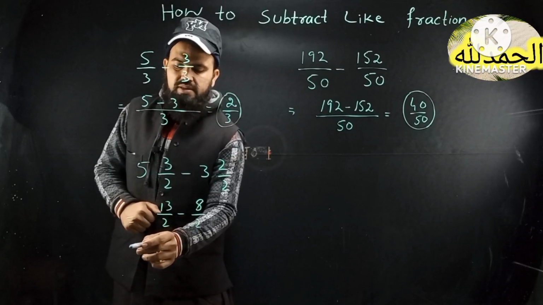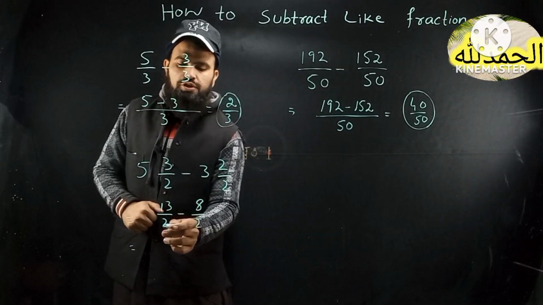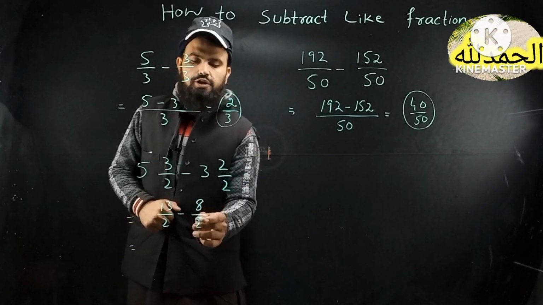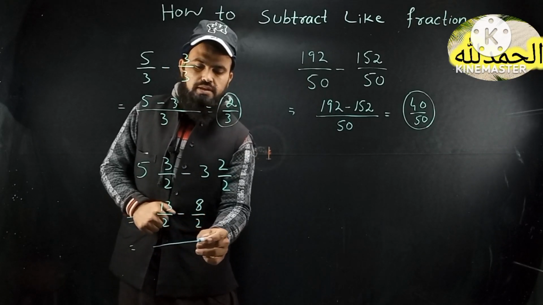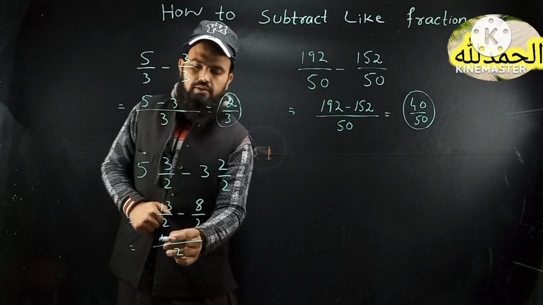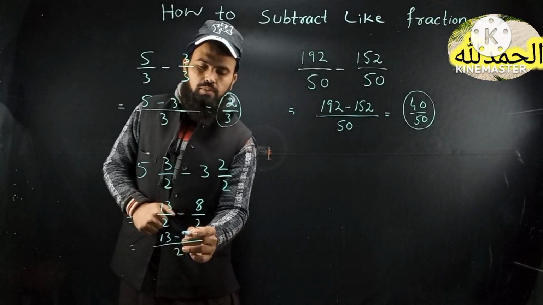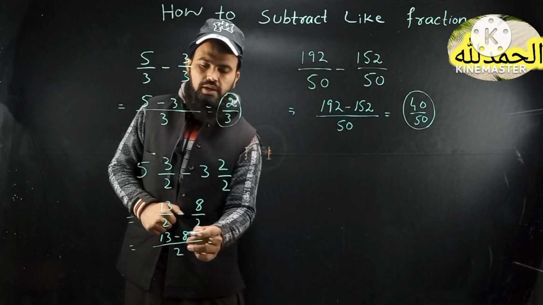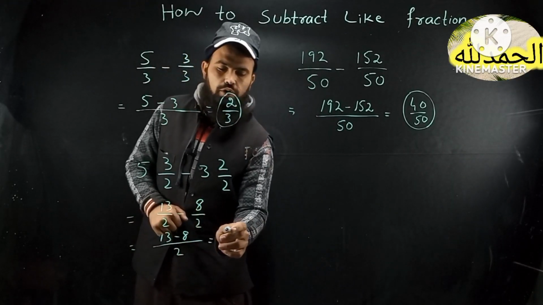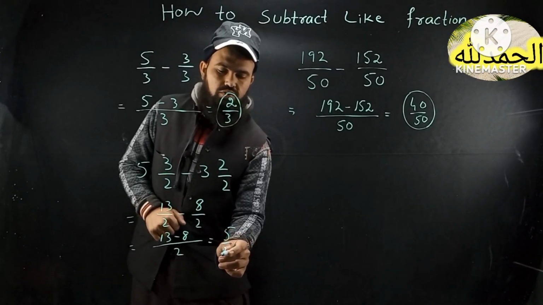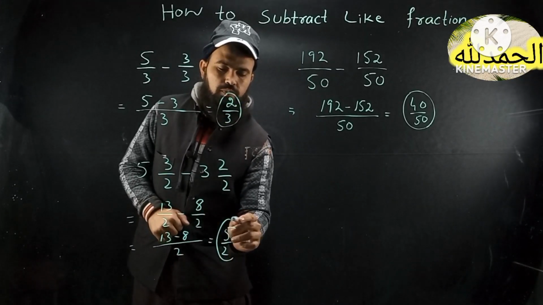Our next step is here, 13 over 2 and 8 over 2. The LCM is simply 2, and 13 and 8. 8 subtracted from 13 is 5. Our answer is 5 over 2.